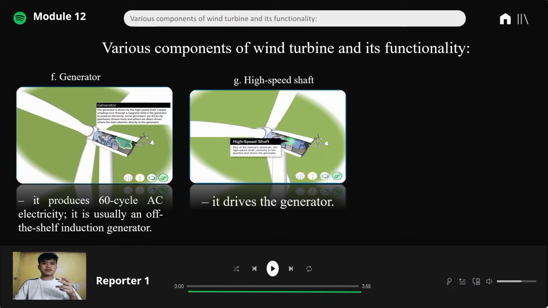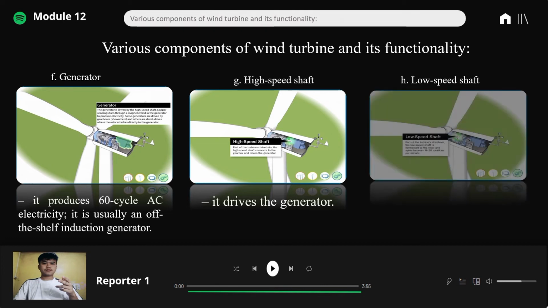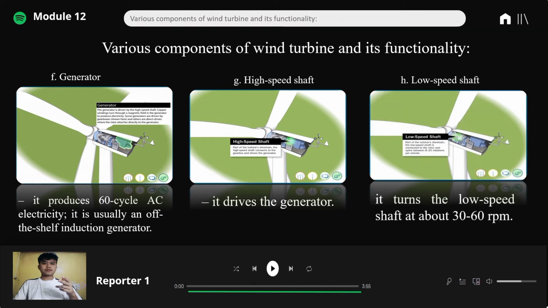So if there is a high-speed shaft, there is also a low-speed shaft. The low-speed shaft turns at about 30 to 60 rpm. Part of the turbine drivetrain, the low-speed shaft is connected to the rotor, which spins between 8 to 20 rotations per minute.